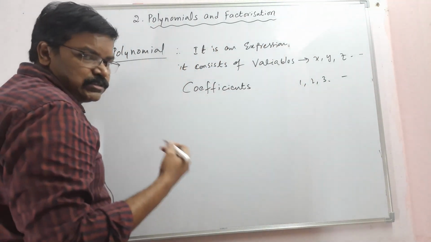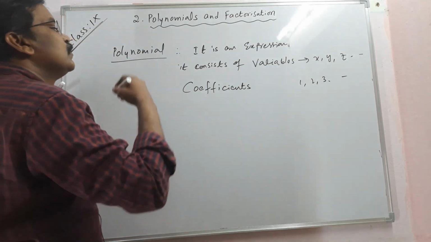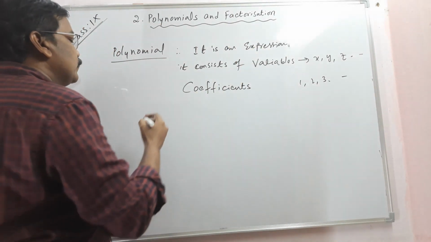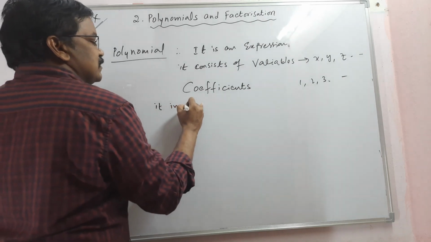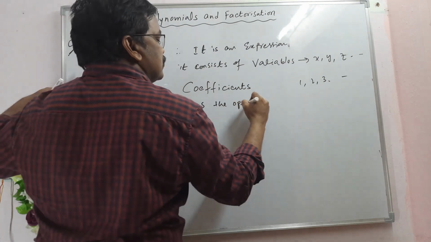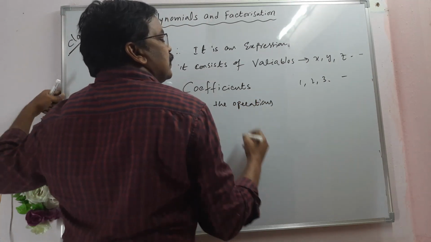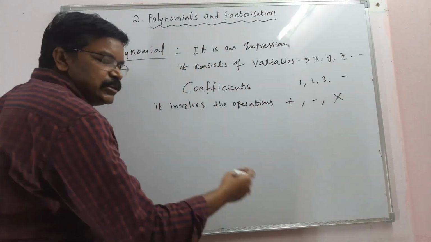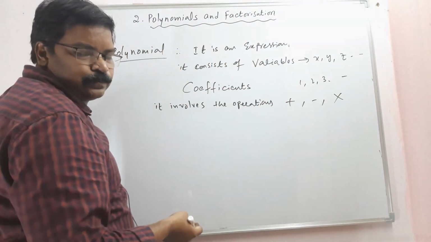I will give you an example. I will make it easy. Don't worry. So it consists of variables, coefficients. It involves the operations. What are the operations here? Like plus, minus, into. That means addition, subtraction and multiplication.